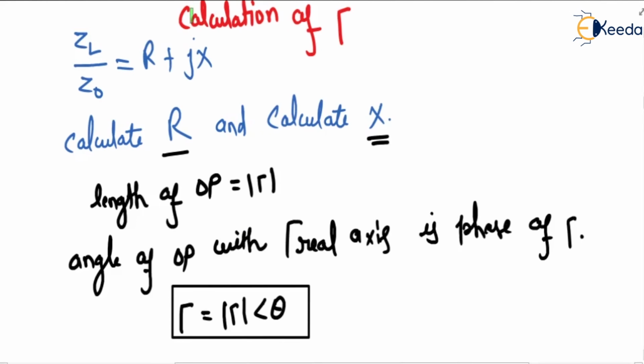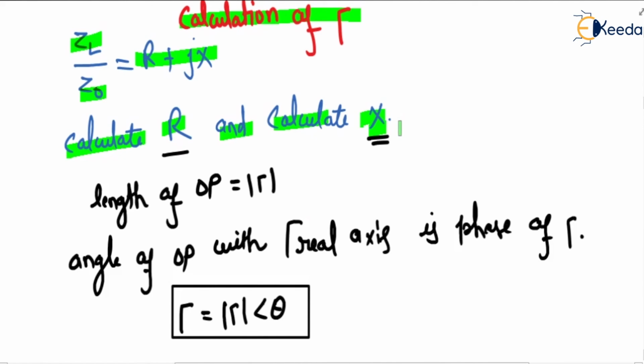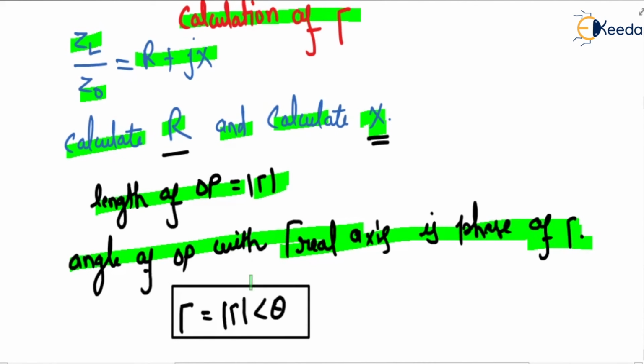Now we discuss the calculation of gamma. ZL by Z0 is R plus jX. Calculate the value of R and the value of X. Locate this point P on the Smith chart. Then the length of OP is mod gamma, and the angle of OP with the gamma real axis is the phase of gamma.